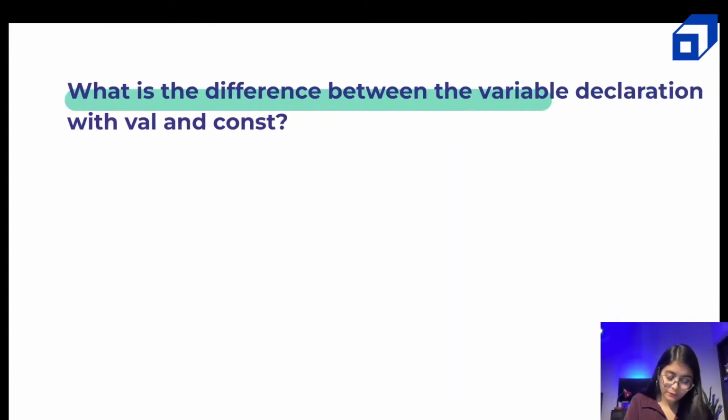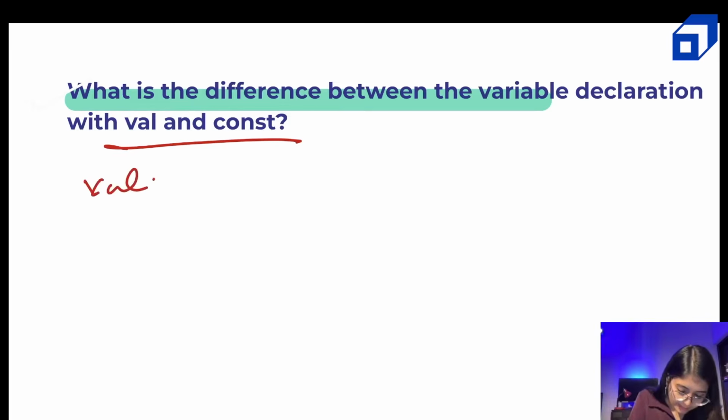So now what is the difference between the variable declaration with val and const? Now this is interesting. I just told you that val is immutable.